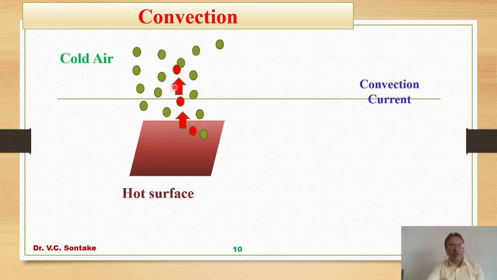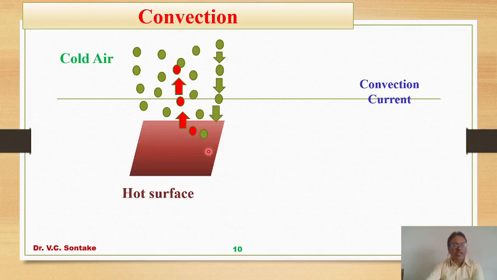Now, while these hot air particles are moving in the upward direction, what happens? Some space is vacated by them. So cold, heavier particles move in the downward direction, come into contact with the hot surface, again become heated and move in the upward direction.